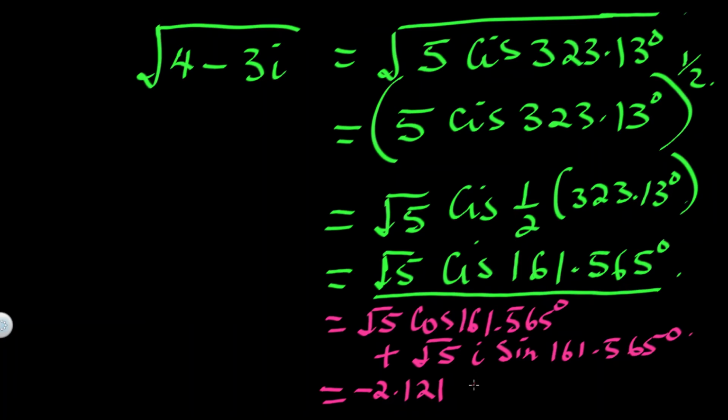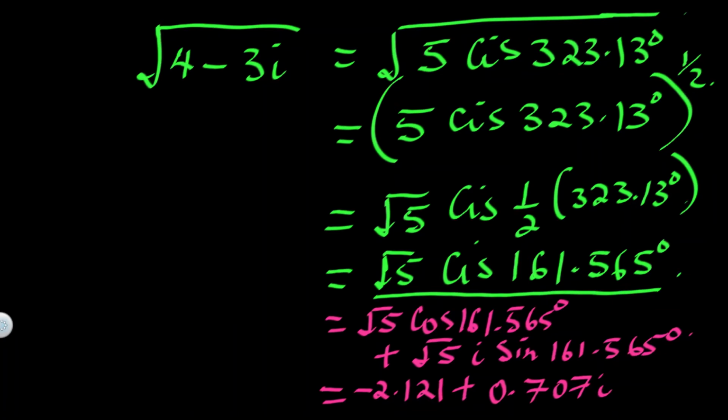Then I punch root of 5 times the sine of 161.565 degrees. I get a positive, so this means plus 0.707i. You do this if they say give us your answer in rectangular form.